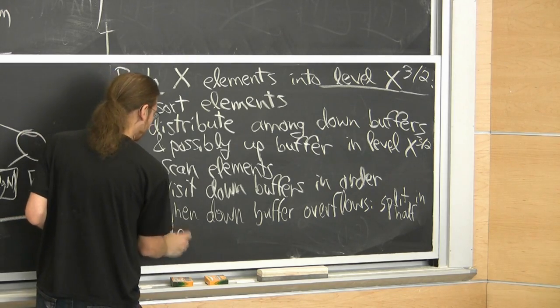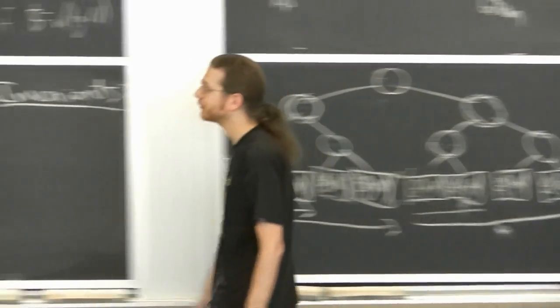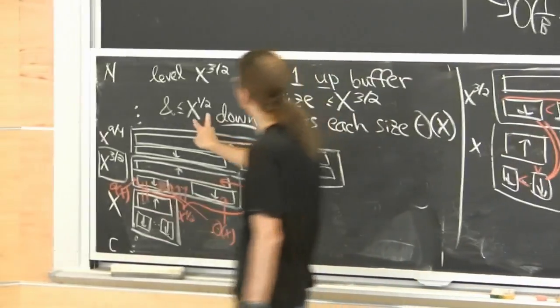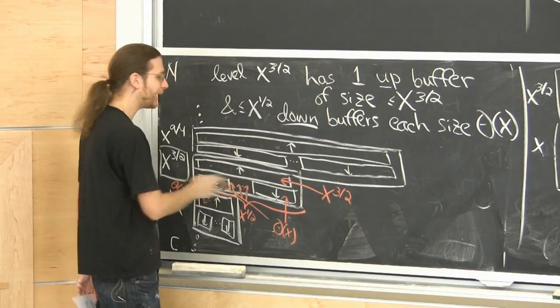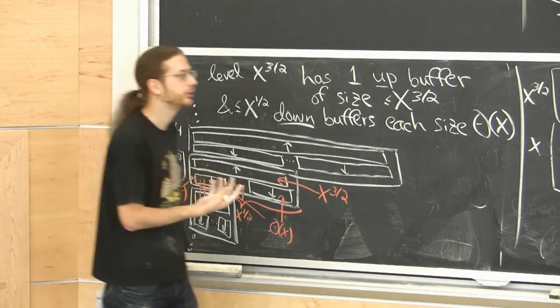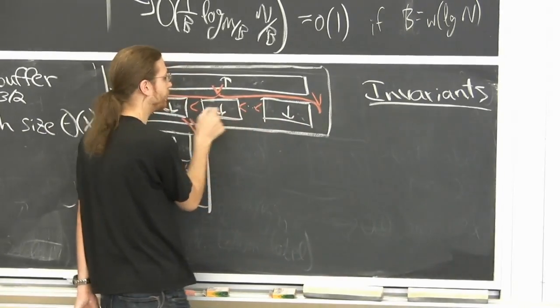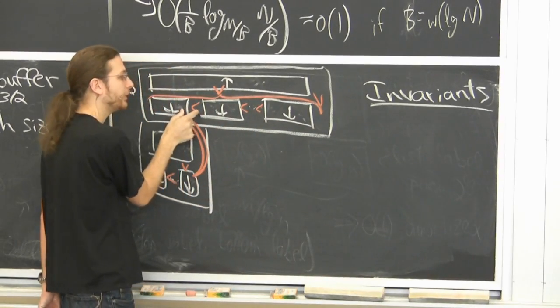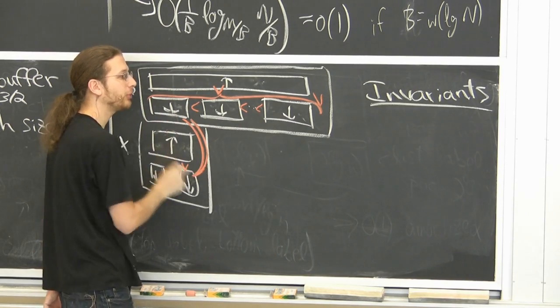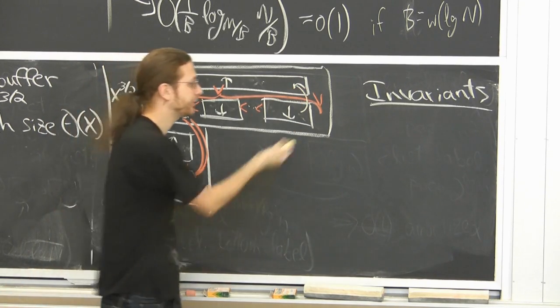Another thing that can happen is when you increase the number of down buffers, we have a limit on how many down buffers we can have, up to x to the 1/2 of them. So if we run out of down buffers by splitting, then we need to start using the up buffer. So maybe here we split this buffer. There's now too many down buffers total. Then we'll just take all the elements in here and stick them into the up buffer, because that's where they belong.